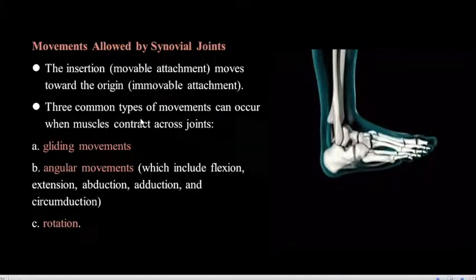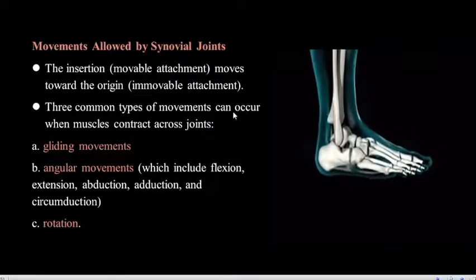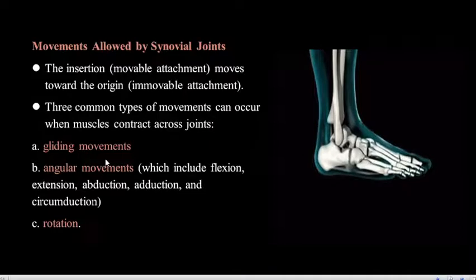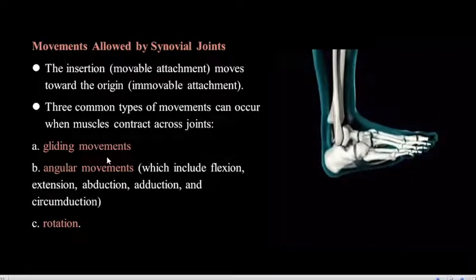The three common types of movements can occur when the muscle contract across joints. Number 1, gliding movement.